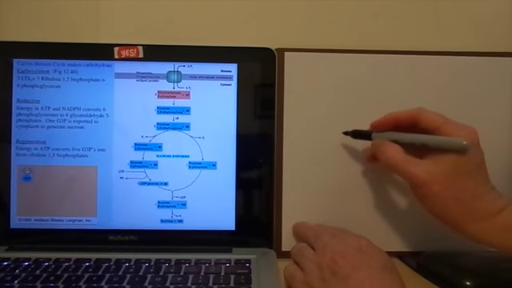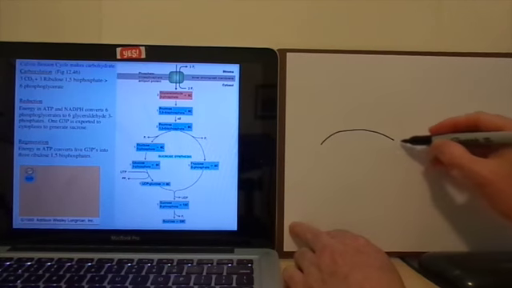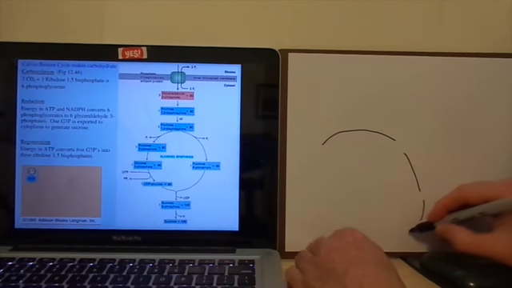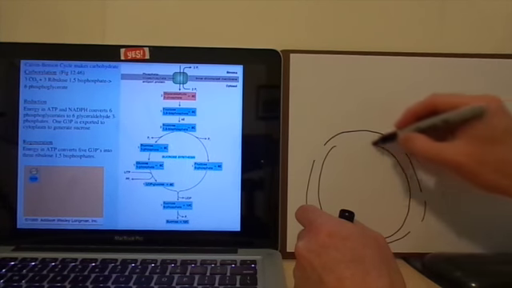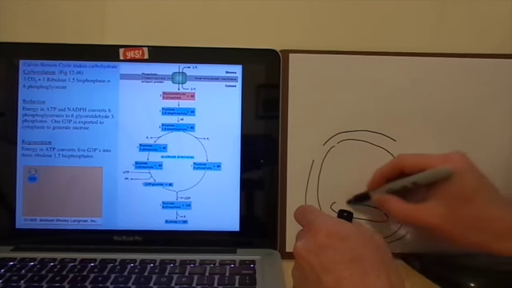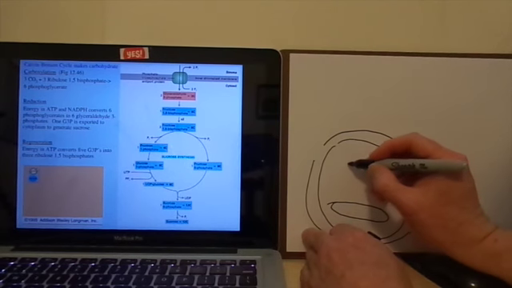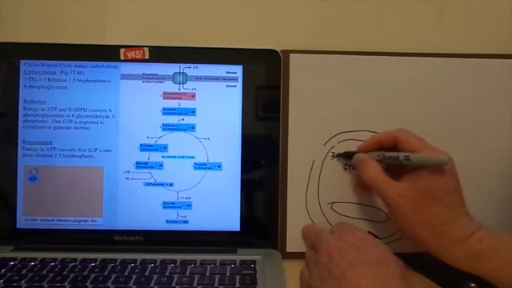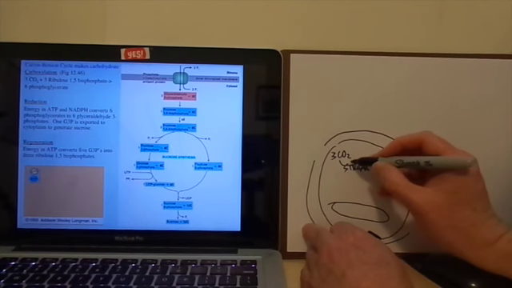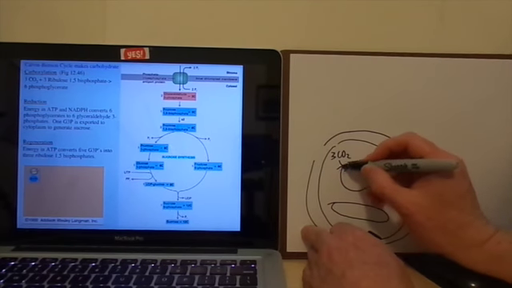If you take your chloroplast, here's your membrane, this is the thylakoid, here's the stroma, where all this is happening, here's the Calvin-Benson cycle.